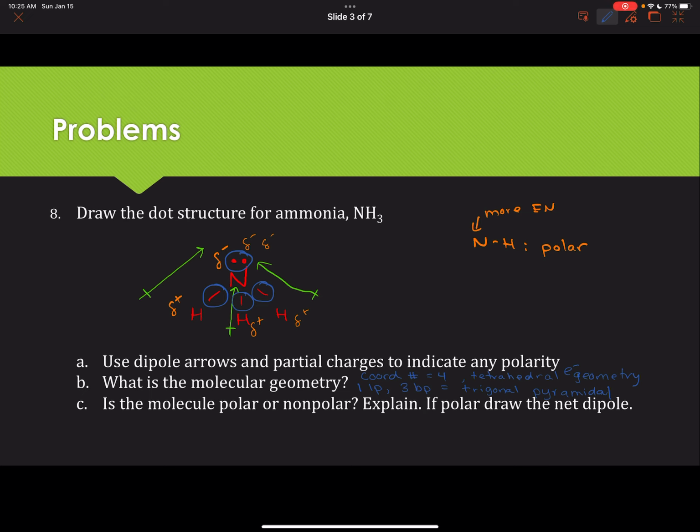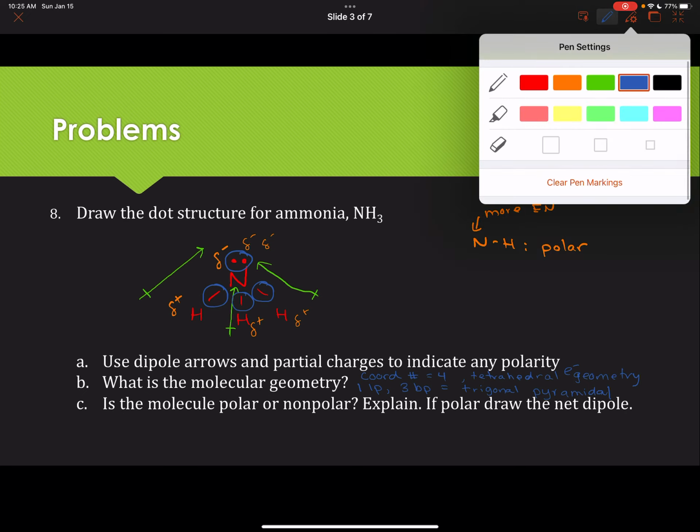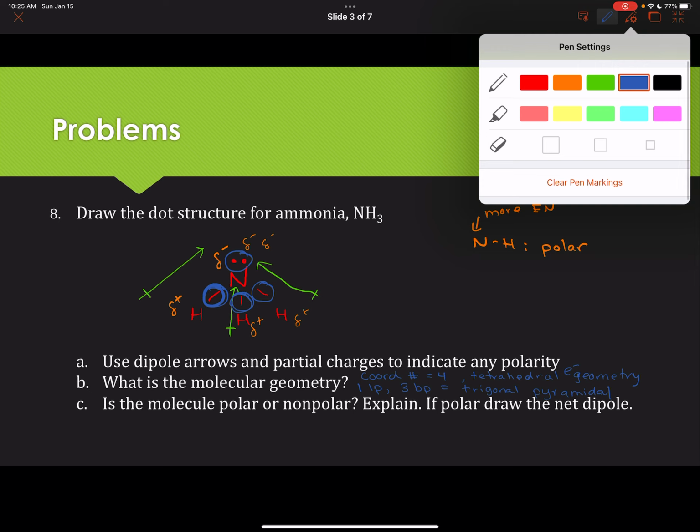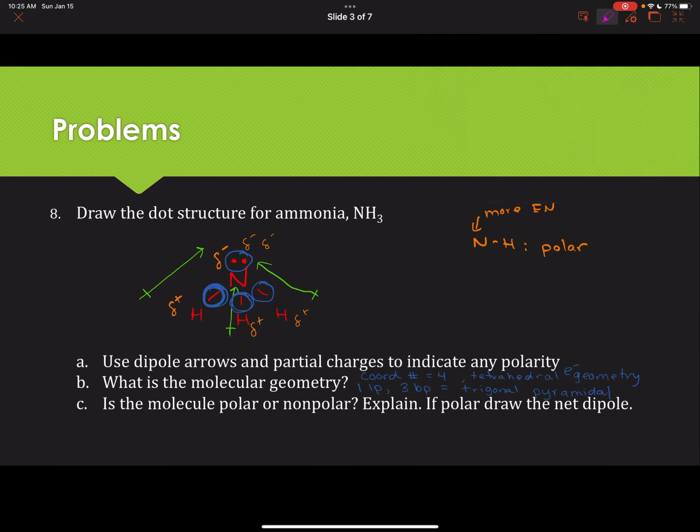Now next we're asked if the molecule is polar or nonpolar. Now before we get there, the other thing we want to take a look at is, is it symmetrical or unsymmetrical? So when we're looking at that symmetry, I have my hydrogen, hydrogen, hydrogen at the base.